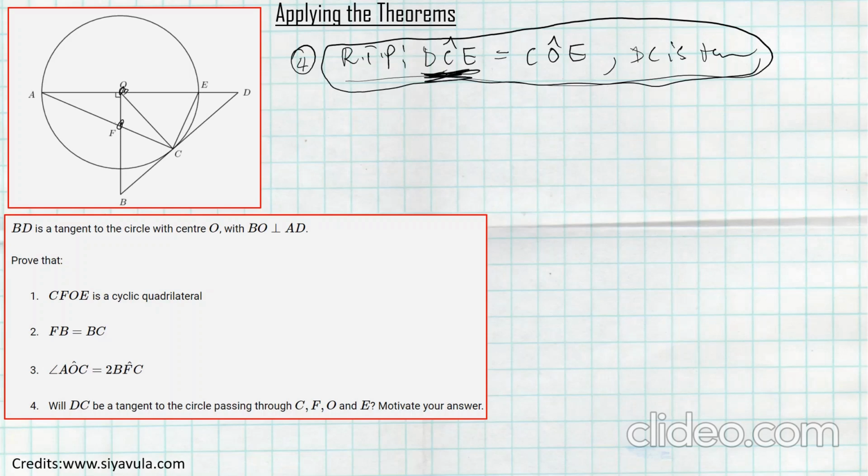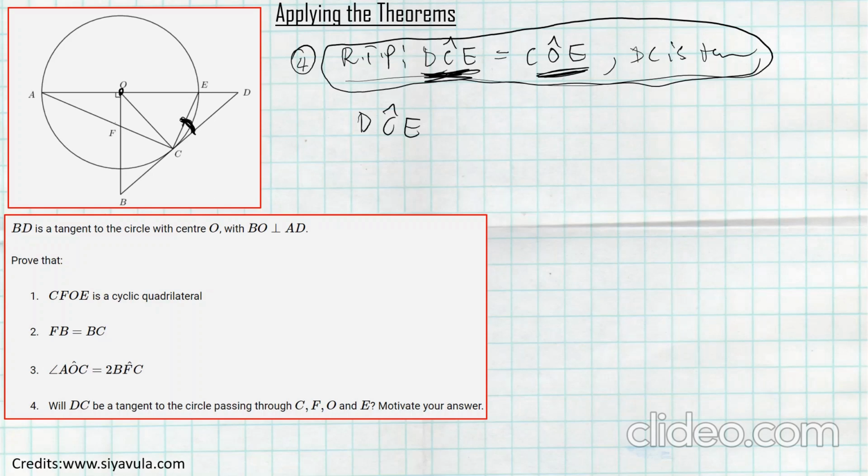What does this angle equal, and what does this angle equal? If they are equal to the same angle, then we'll automatically say they are equal because both of them are equal to the same angle. So our duty now is to calculate angle DCE and check what it equals. If you check the bigger circle, the circle with center O, we know that this line is a tangent because we have been given that BD is a tangent.